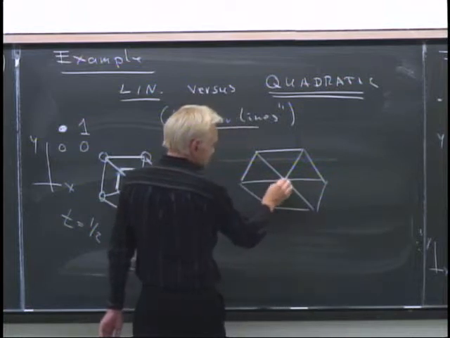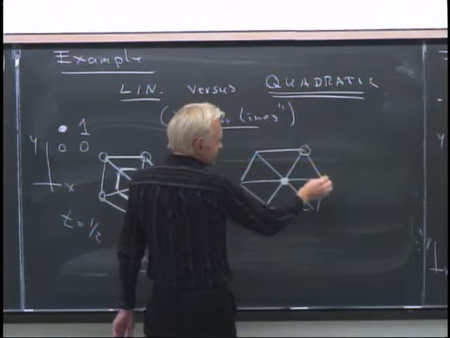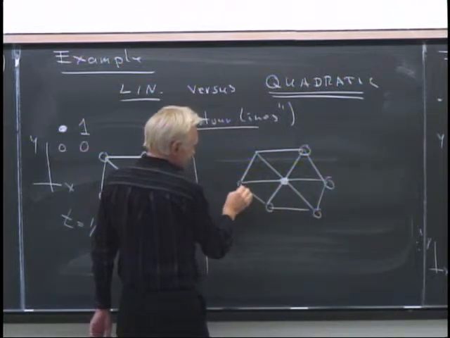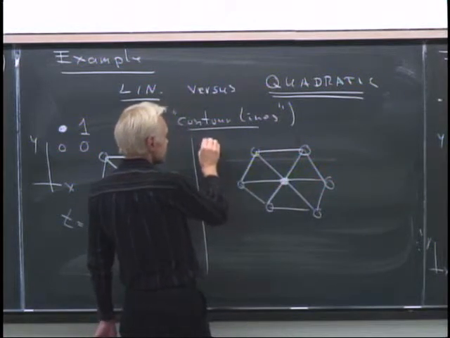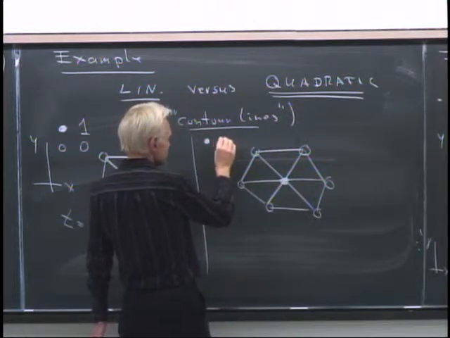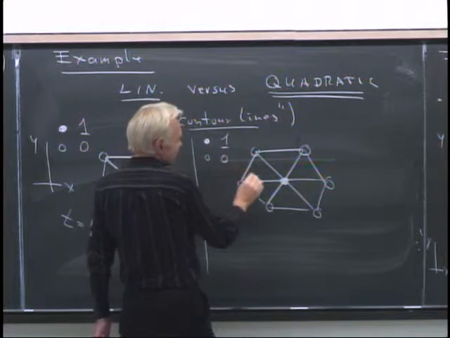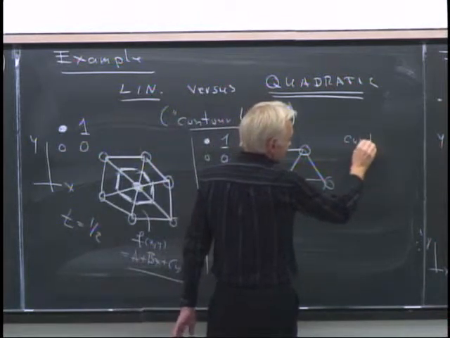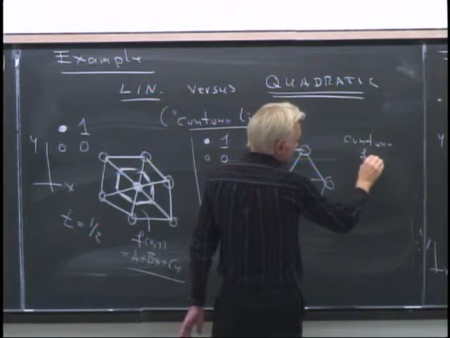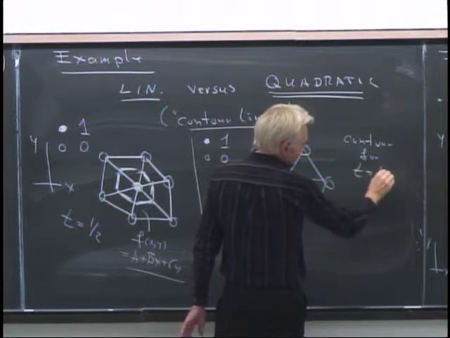Okay, and again I say this is a value 0 surrounding a center value of 2. Bullet is 1, and circle is 0, and I want to find the contour for threshold value being 1/2.